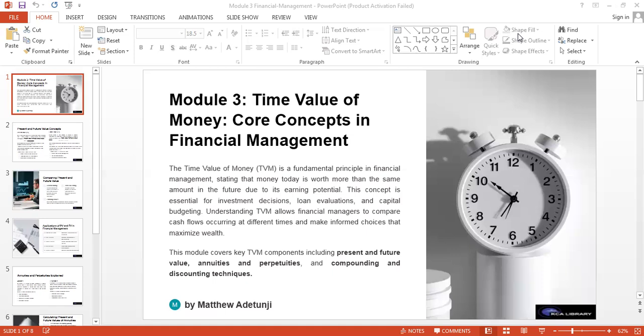That is why we'll be looking into the key components of time value of money today: the present value and the future value, annuity and perpetuity, and also the compounding and discounting technique. I want you to listen very attentively, and the note is available for further reading.